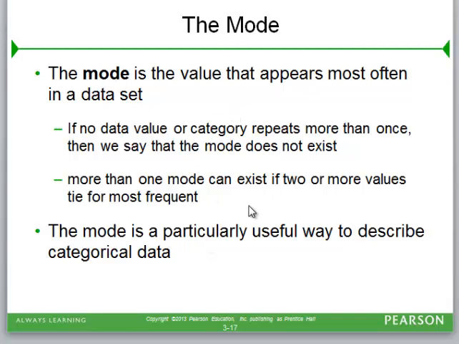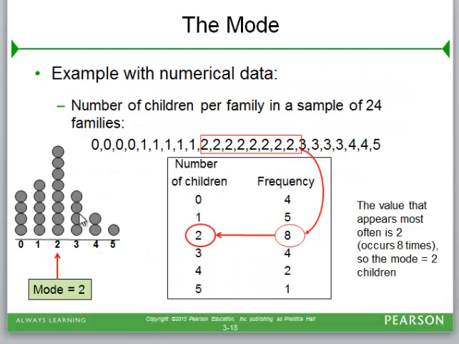Or in the frequency distribution, the mode is the one with the largest frequency, as you can tell here. This one is the mode that happens most: the number of children of 2, the frequency of that is 8. So the mode shows the center of the data, where the data concentrate.